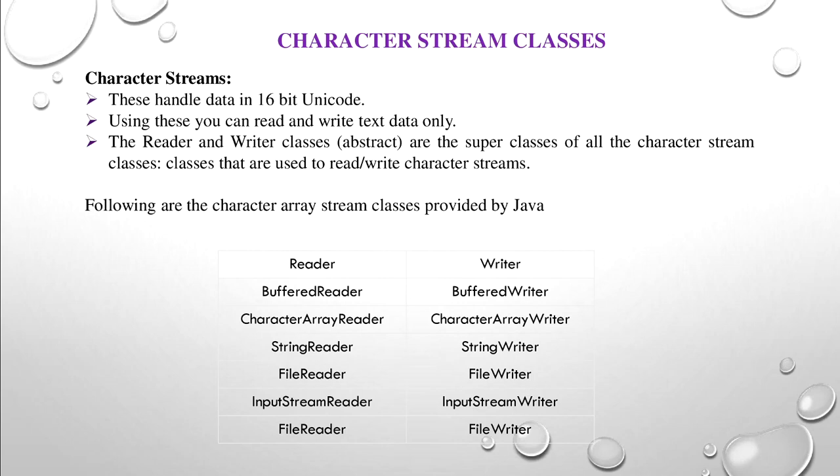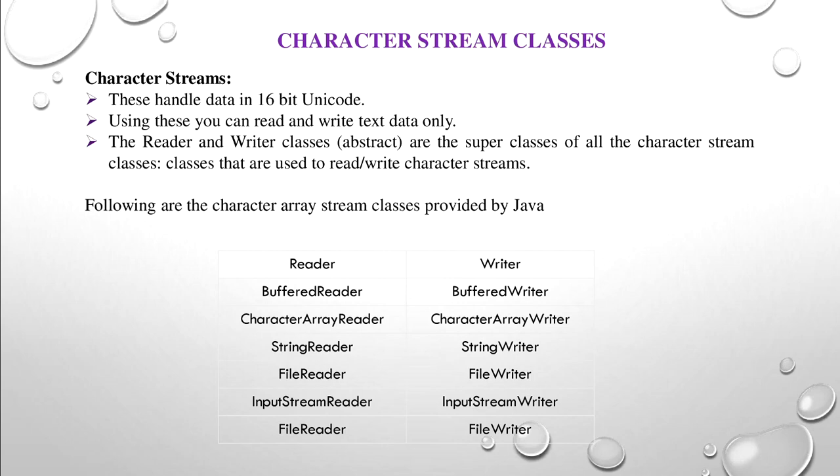The reader and writer classes are the superclasses of all the character stream classes. These are also abstract classes, used to read and write character streams. Following are some of the methods that the character stream classes provide.